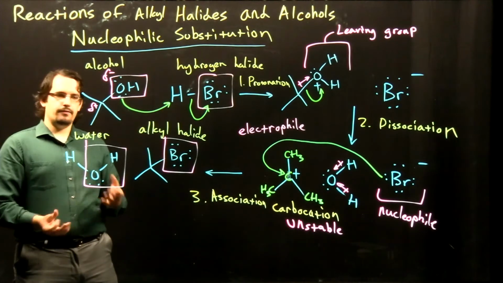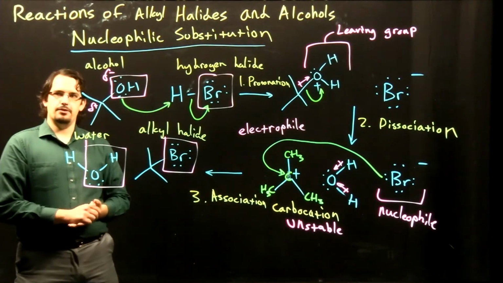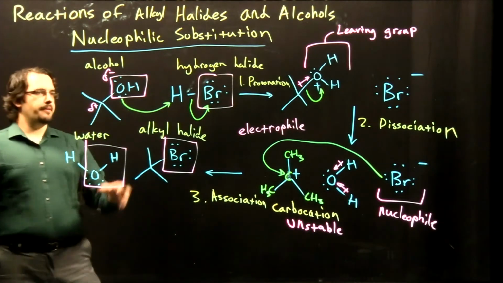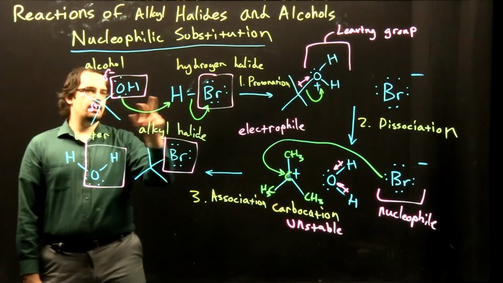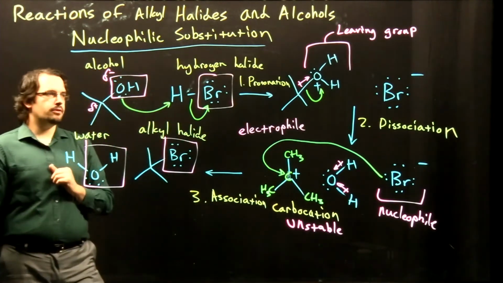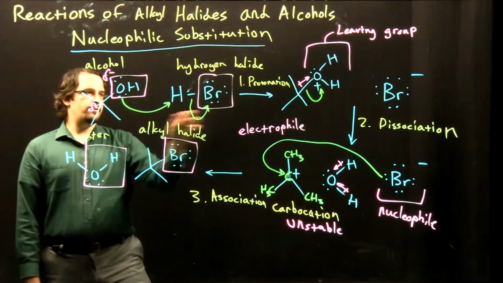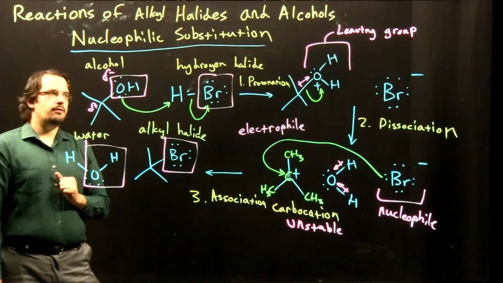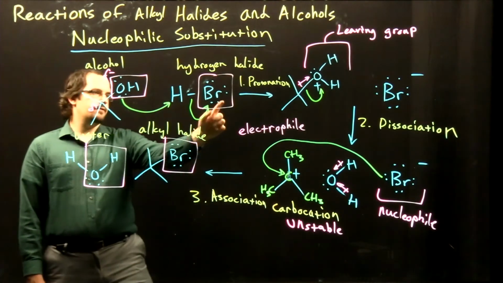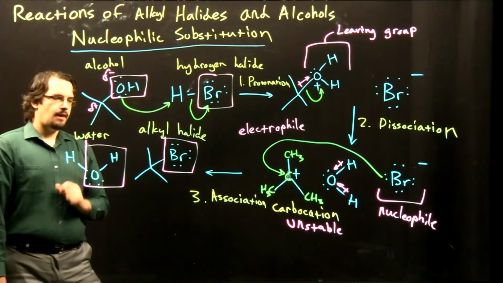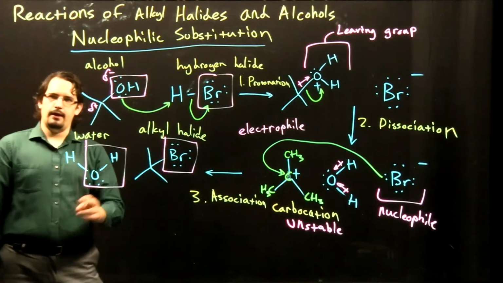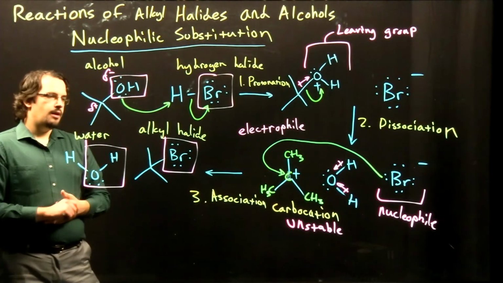So here we have our overview then of our first nucleophilic substitution reaction. So again, we're able to exchange our oxygen-based nucleophile from the alcohol with the halogen nucleophile from our hydrogen halide. In this case, of course, it's our bromine, to produce that final alkyl halide and our water.